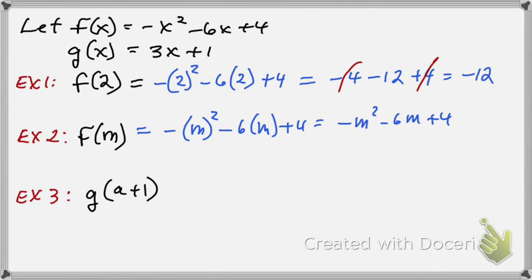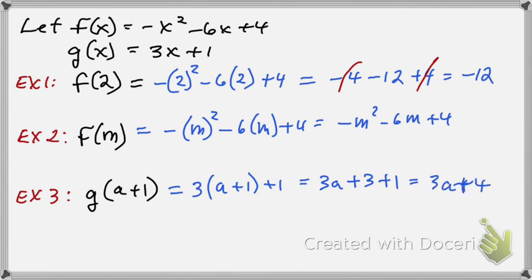Let's look at function g down here. So I'm going to say 3 times a plus 1, because that's what I'm substituting in for x, plus 1. So I'm getting 3a when I distribute that 3. Check my math.